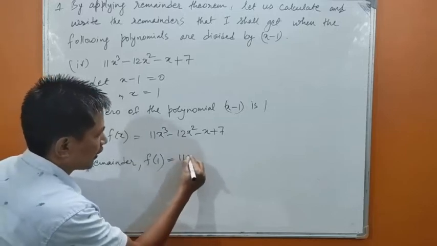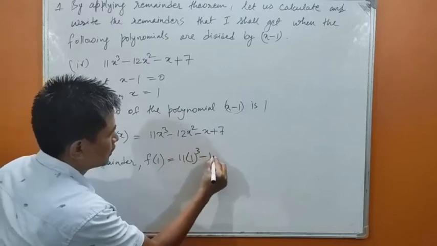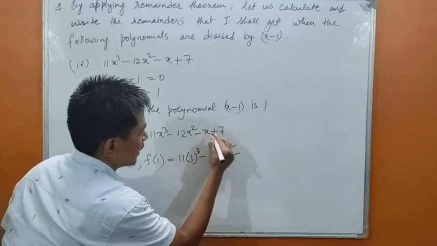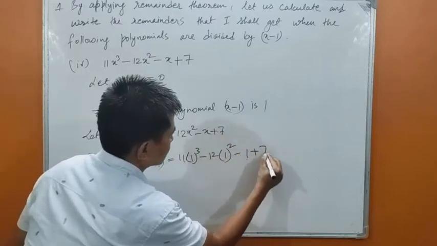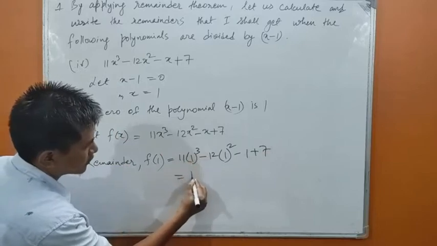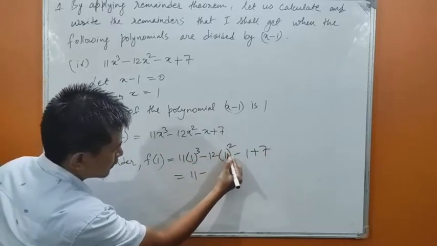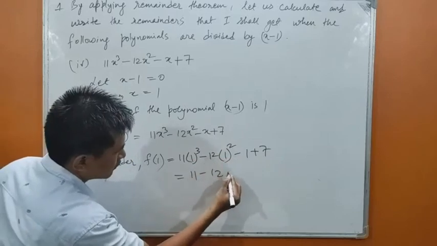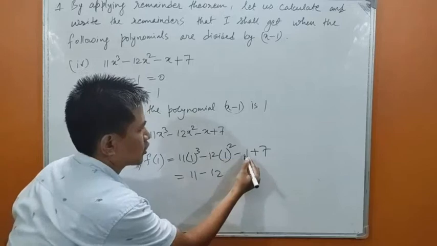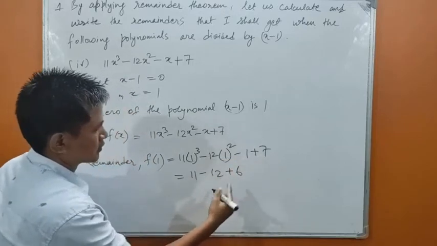11 x means 1, 1 cube minus 12, instead of x we write 1 squared, minus x means 1, plus 7, isn't it? So 1 cube is 1 and 1 into 11 is 11, okay? Minus 1 squared is 1, then 1 into 12 is 12, minus 1, okay? Minus 1 plus 7 is plus 6, isn't it? 7 minus 1 is 6.